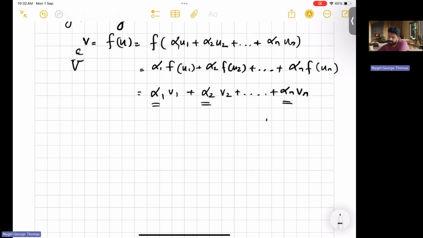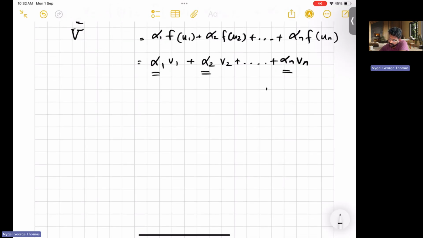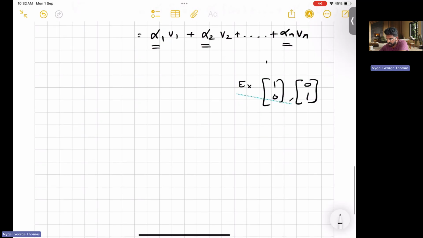What I'm trying to say is, let's say we have the canonical space ijk. How do you represent it? Let's take 2D, for example. We have the canonical vectors (1, 0) and (0, 1). Let's take these as the basis, e1 and e2, which is a more standard way of representing them.